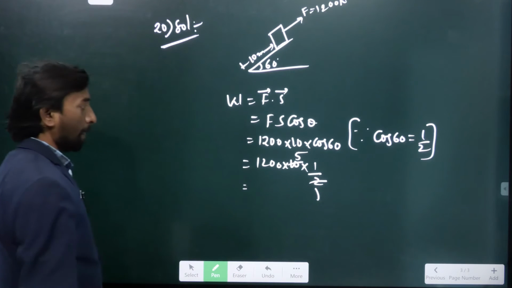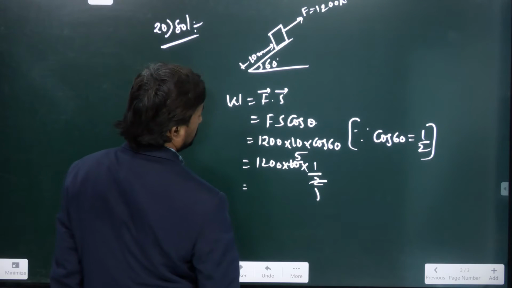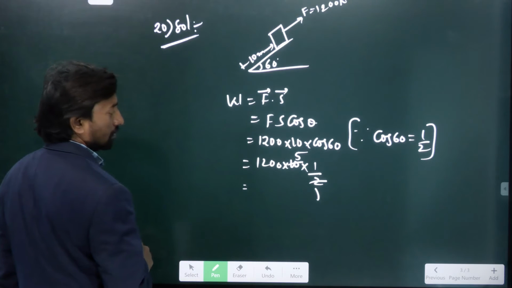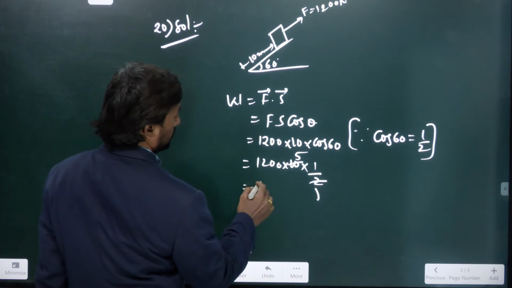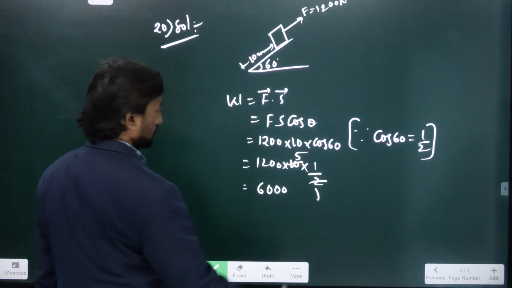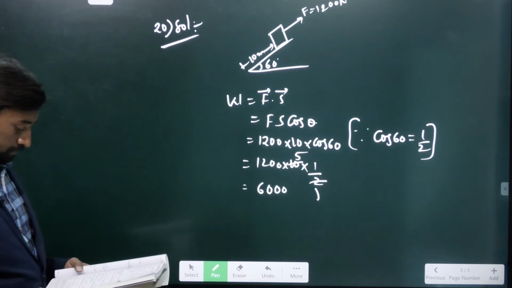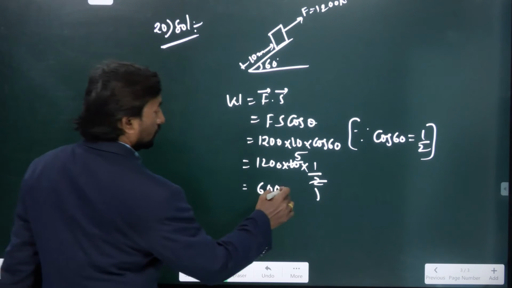How much do you get there? 12 fives are 60, so 6000 joules.